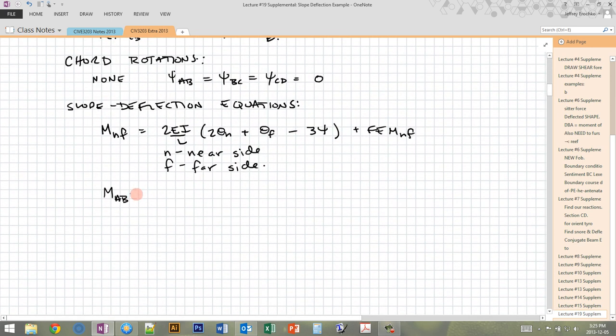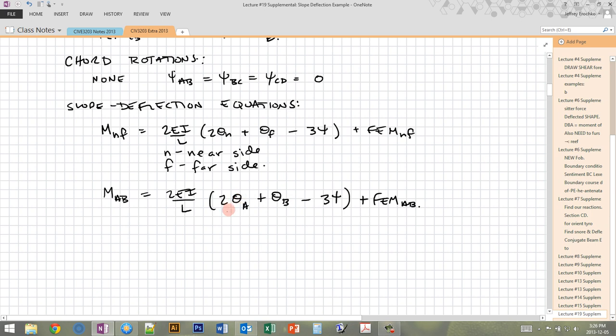So then in this case, A is the near side and B is the far side. If we just sub those in first, and I'll do it explicitly for the first one, we get 2 theta A plus theta B minus 3 times the chord rotation plus the fixed end moment at end A of member AB.